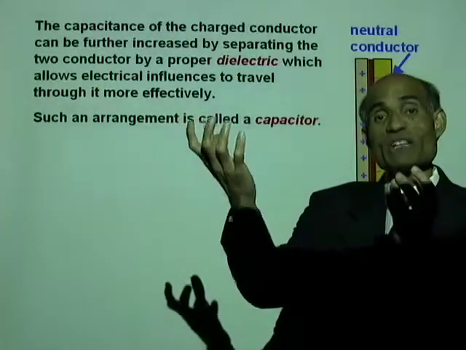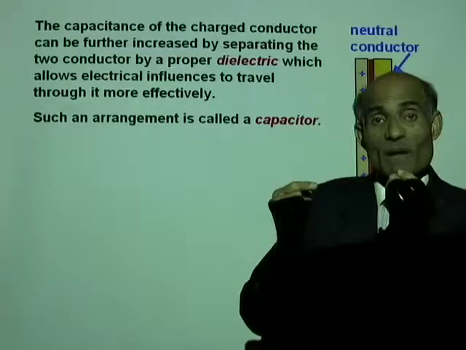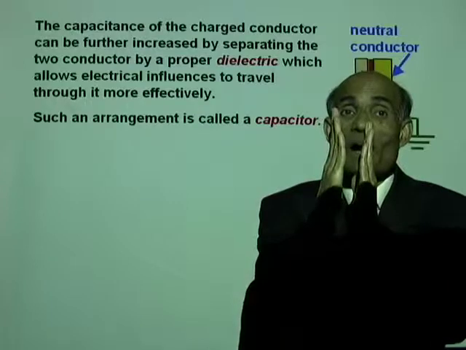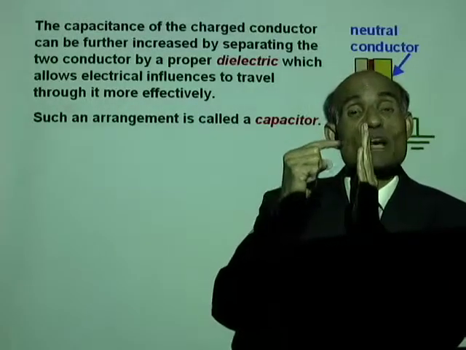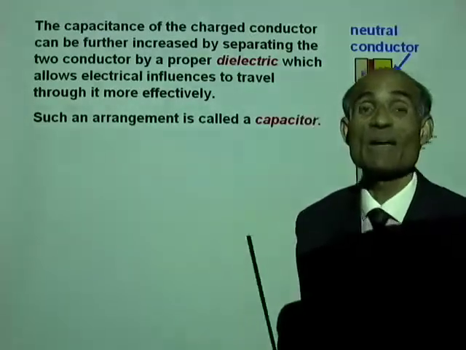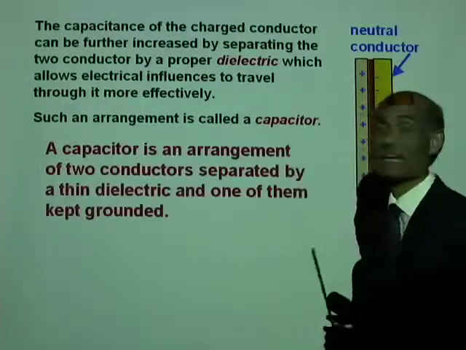We brought near it a neutral conductor and grounded it, and then filled the space between them by a very efficient dielectric, which will transmit the electrical influence in a much more efficient way. And this arrangement now is called a capacitor.